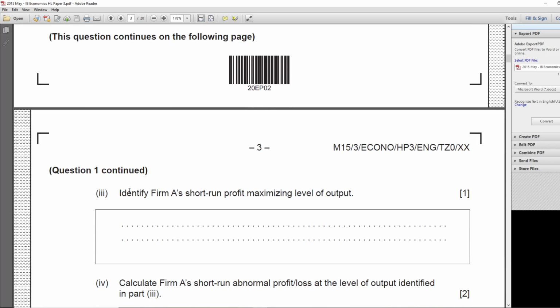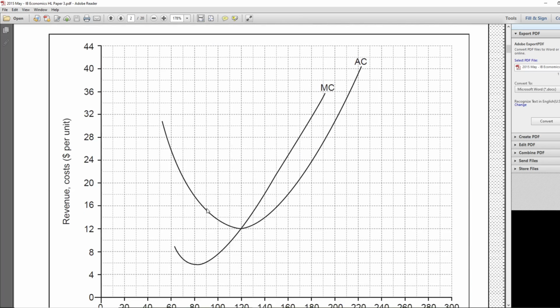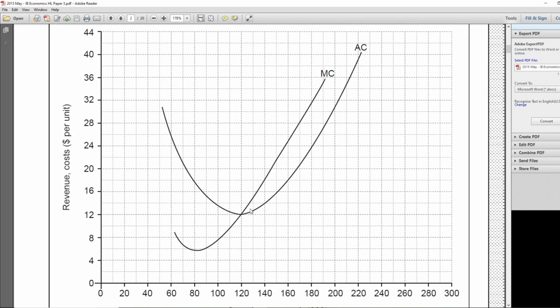You see here number 3, identify firm A's short run profit maximizing level of output. So profit maximizing level in the short run. After this question we'll say that's all for the lesson. So where is the profit maximization output here in this question? Come on, very quickly.